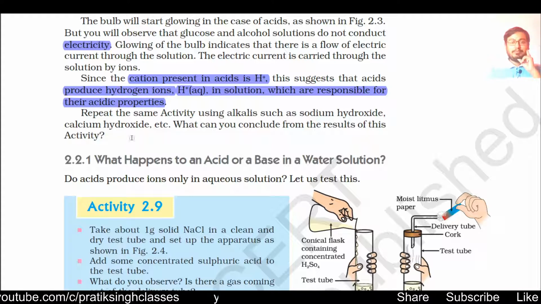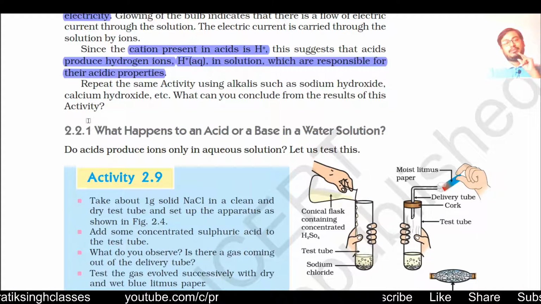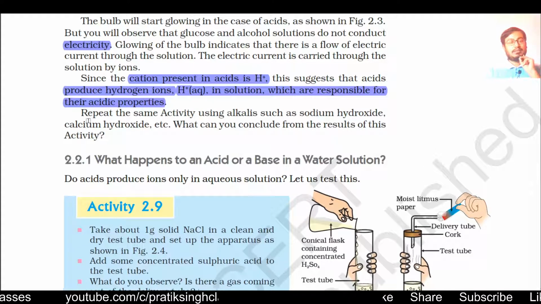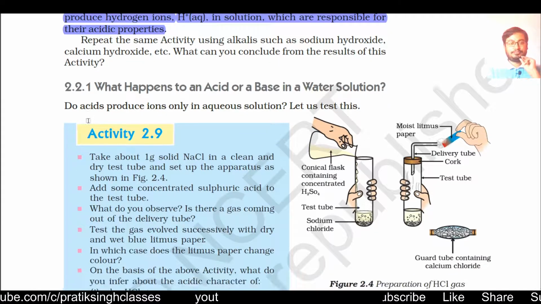Whether sodium hydroxide or calcium hydroxide will conduct electricity or not. Most of the time, if it is OH-, they do not make the current pass through it, but sometimes it happens when H+ ions are also present.